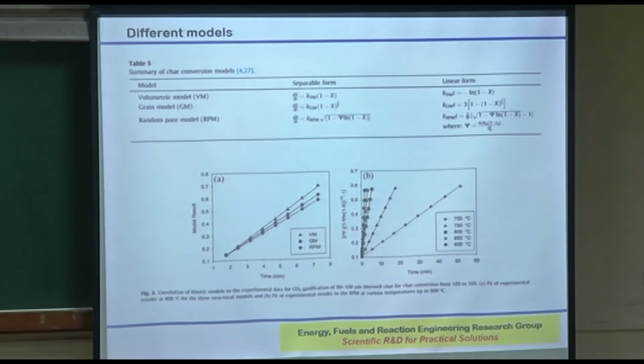Close to linear means the correlation coefficient is very high. There's a straight line across that, with the data falling just around either side of it, but the regression coefficient is high. This is for our brown coal.